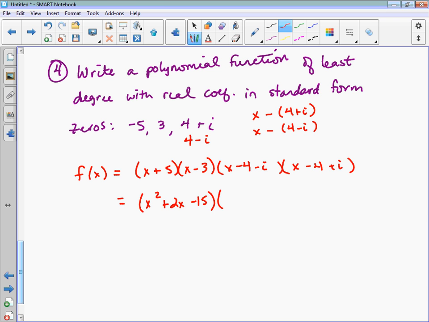So I'm going to get x squared minus 4x plus xi, then minus 4x plus 16 minus 4i minus xi plus 4i minus i squared. Okay, all I did was multiply. I did x times x, x times -4, x times i.